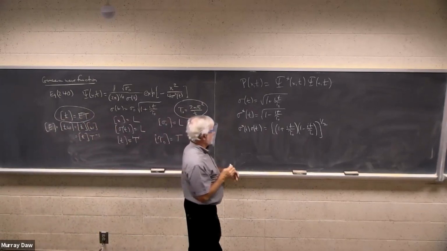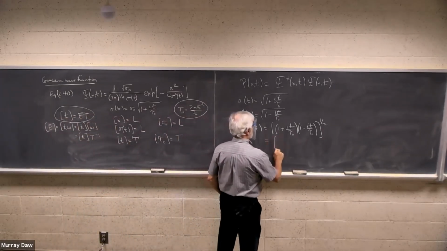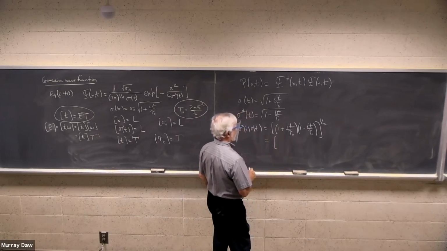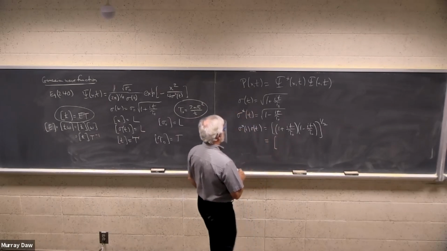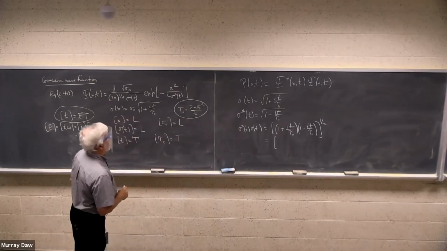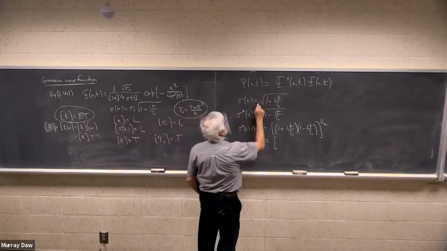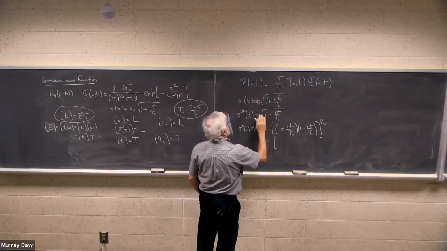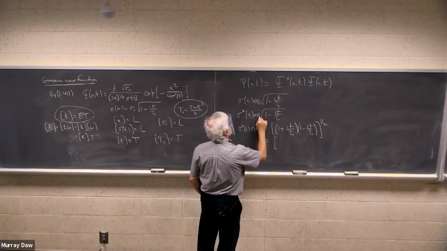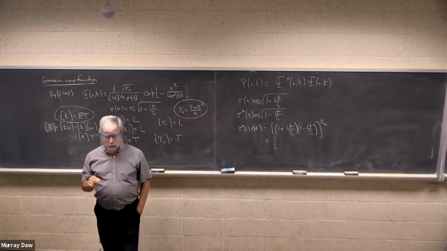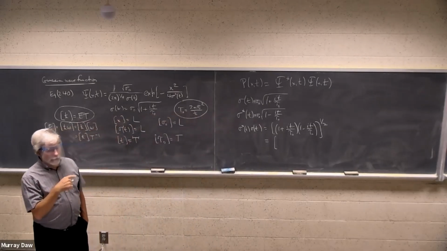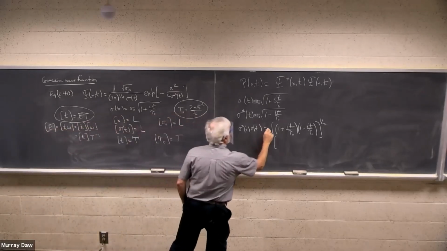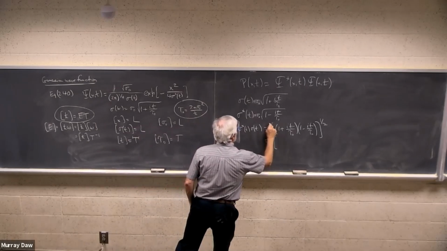Oh, excuse me, I forgot to put the sigma naught at the beginning of the sigma. Yes, thank you. Sigma naught here, and sigma naught here. But sigma naught is a real parameter. It's the initial width of the probability distribution. So this would be sigma naught squared here.